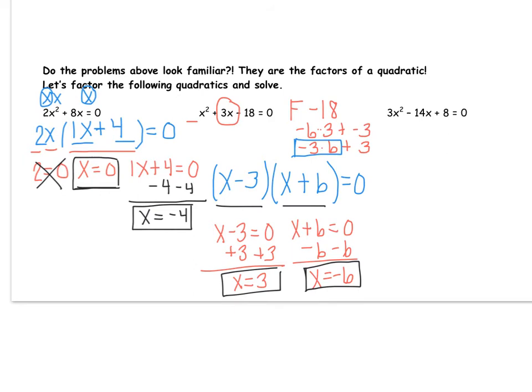This other one here, 3x squared minus 14x plus 8. It doesn't have a leading coefficient of 1, so I'm going to have to do my A, B, C, AC method.